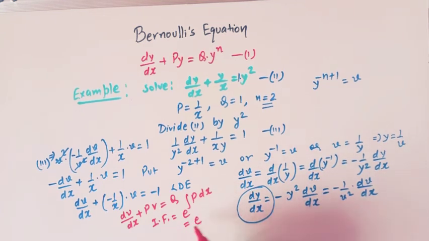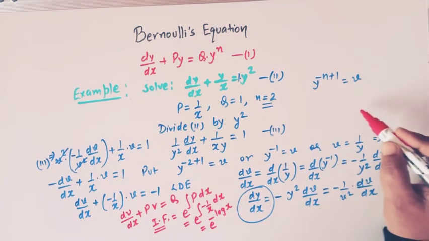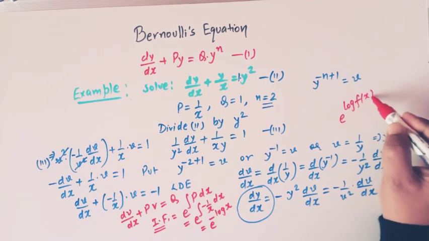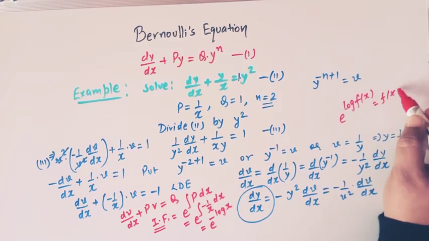So now we have the integrating factor as e raised to integral. For p we can write minus 1 over x dx, and it can be written as minus log x, right? So here we'll use the fact that e raised to log of f of x is equal to f of x.